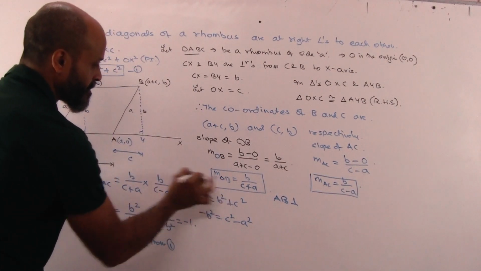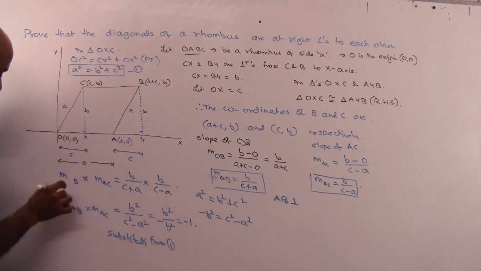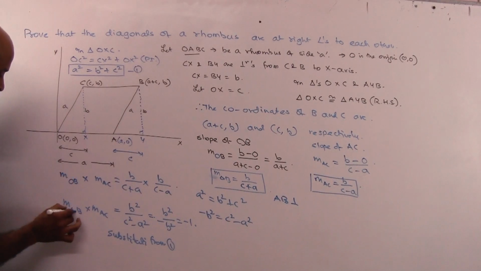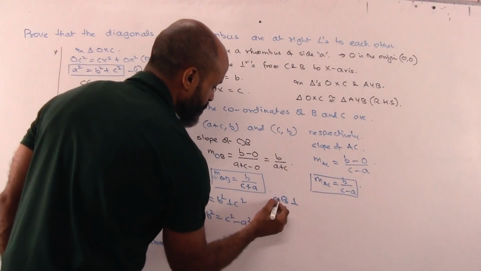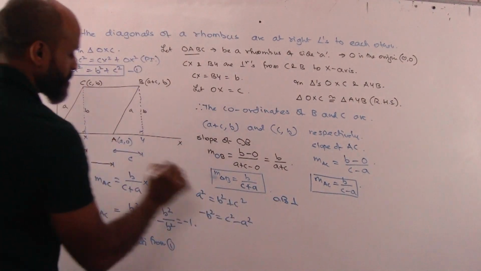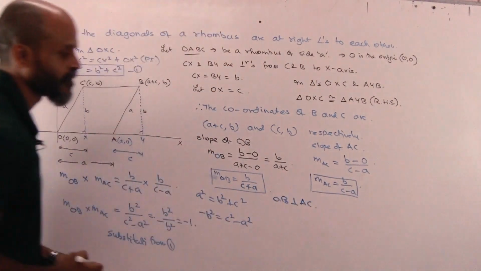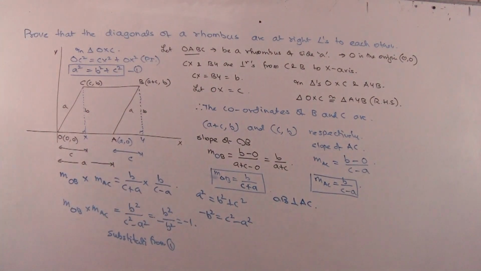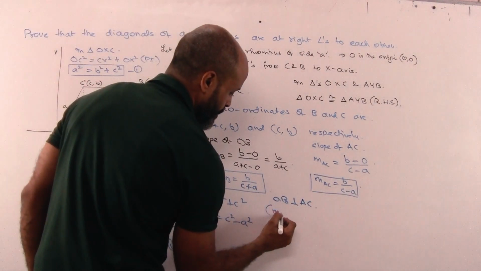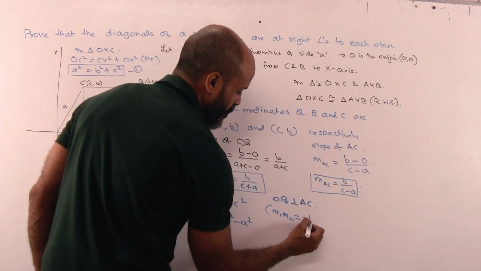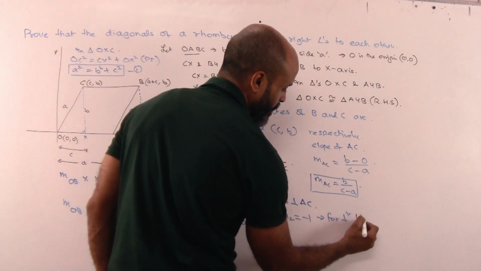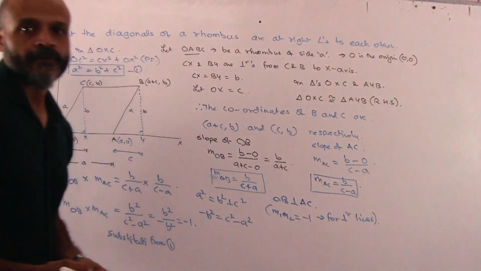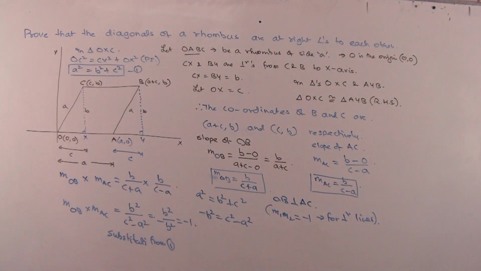I am extremely sorry. Okay. So we have here OB into AC. So we have OB is perpendicular to AC. That's what we can write, since m1 m2 is equal to minus 1 for perpendicular lines. That's what we have proved here, and that's what solves the problem.